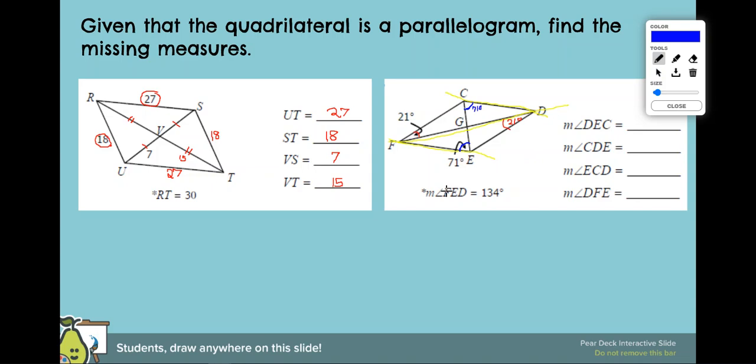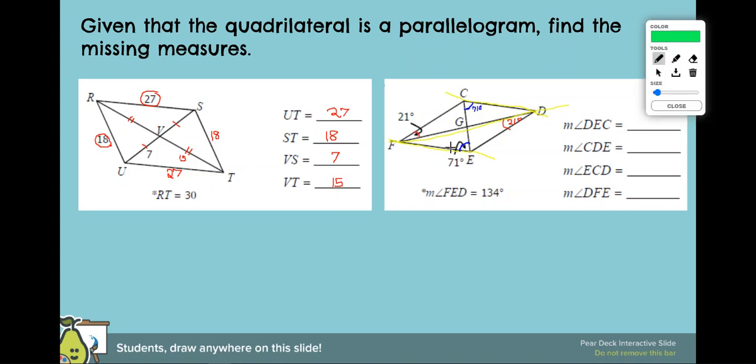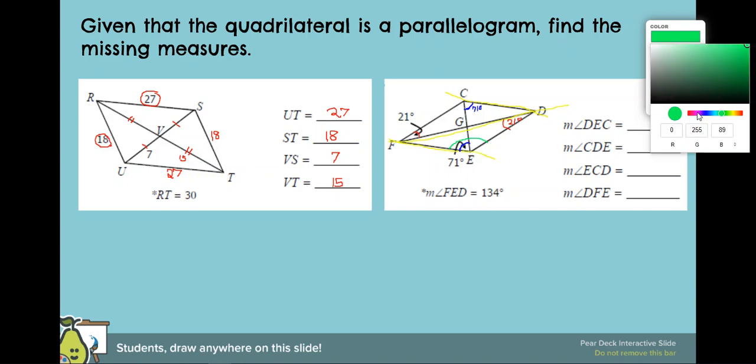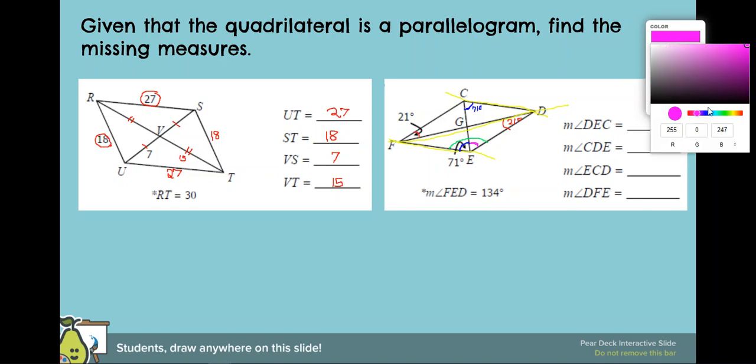They've also told us that FED is 134 degrees. So the entire angle from side to side is 134. Since we know that a portion of that is 71 degrees, we can find the other portion of that, the pinkish purple portion, by subtracting away the blue 71.